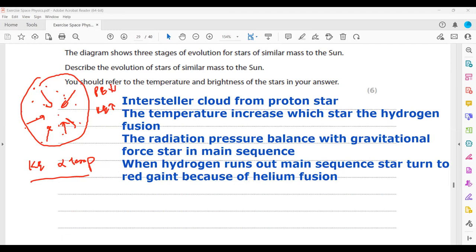When the helium fusion starts, the star size also increases, and the radiation pressure will be higher than the gravitational pull. And eventually what will happen? The red giant phase leads to a planetary nebula, which results in the formation of a white dwarf.